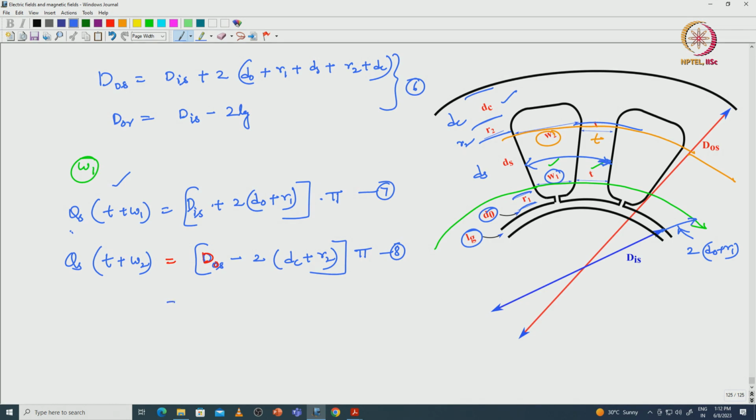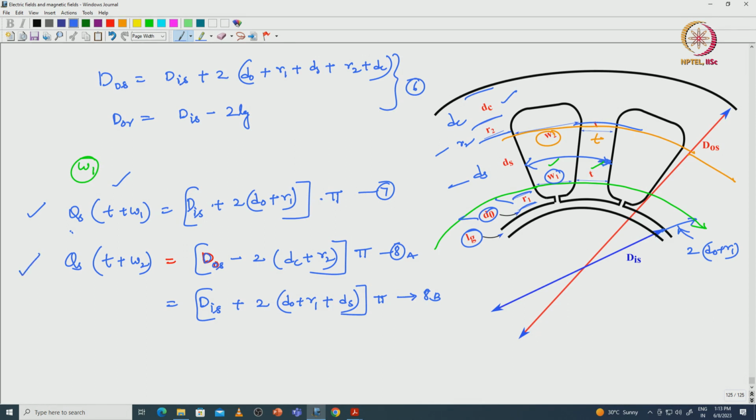Or we can write it in terms of dis also: dis plus the remaining terms d naught plus r1, up to r1 we have to write ds, into pi. These two come under the same equation number, 8a and 8b.